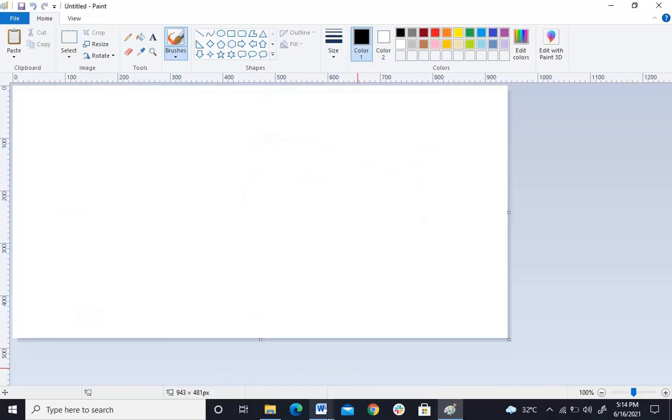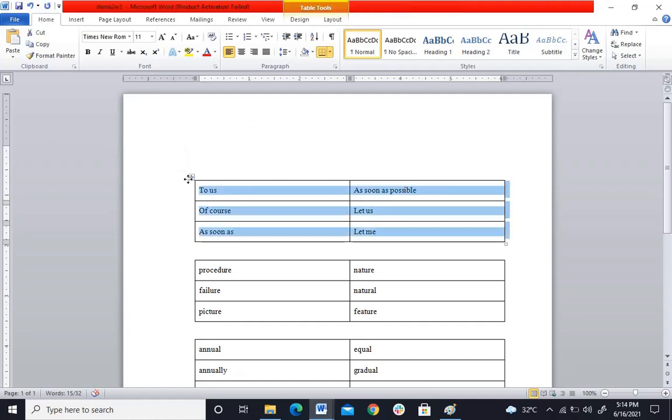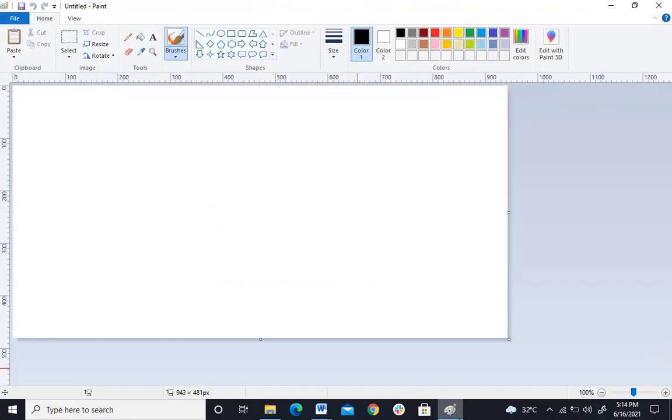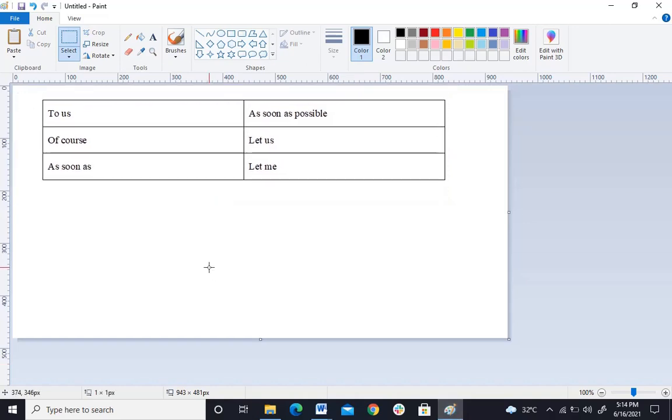Next, we have another set of special phrases na tinatawag. Ano yung mga special phrases natin? Ito. So, to us. Pag sinabing special phrases, special sila.